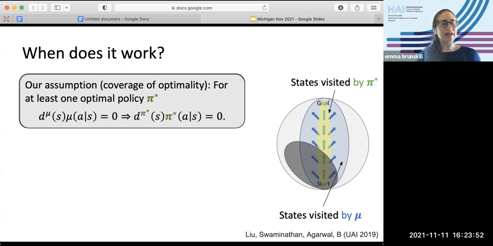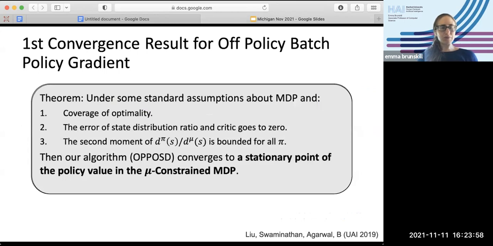So here we're thinking about this policy gradient case where we make the assumption that we did cover a good policy. And under that assumption, we give the first convergence result for off policy batch policy gradient, where we are assuming that the system is a Markov decision process, and that we have coverage of an optimal policy. And we can get the error of the state distribution ratio and the critic going to zero, and the second moment is bounded.